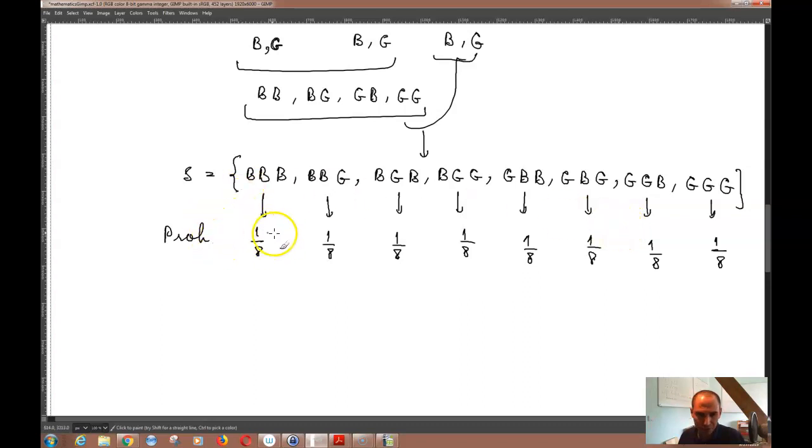I mean, each of them is greater than 0, less than 1, and the sum of them is 1, so you have no problem there.